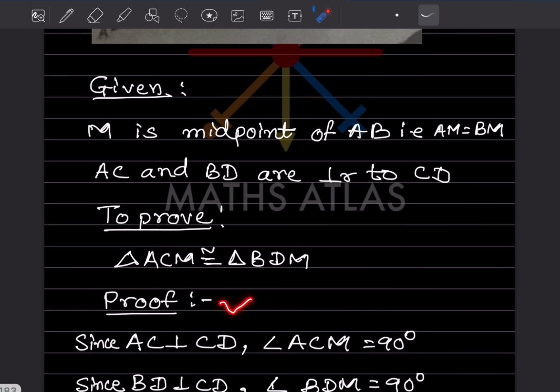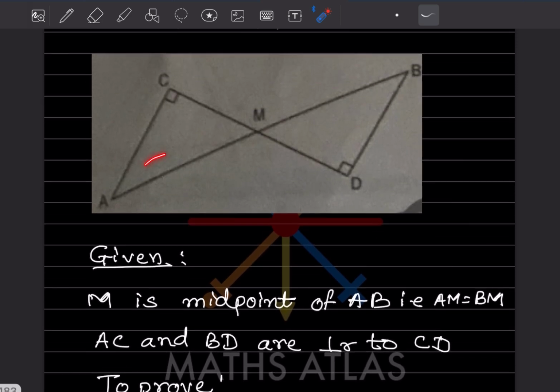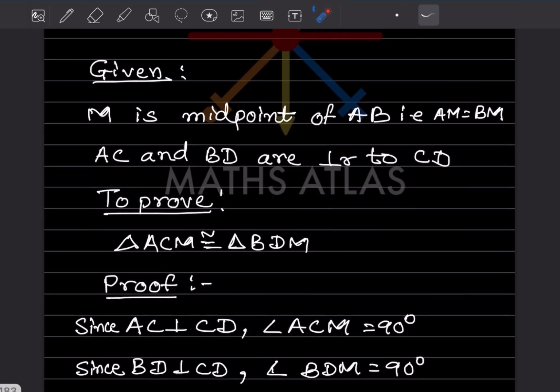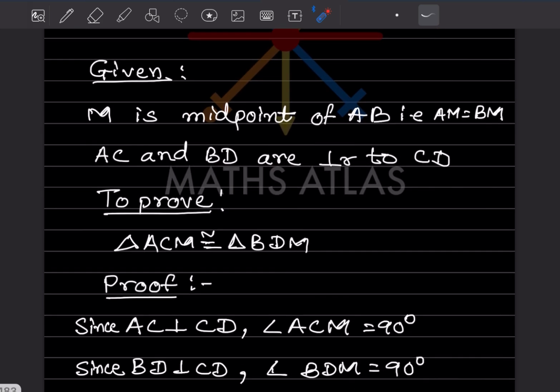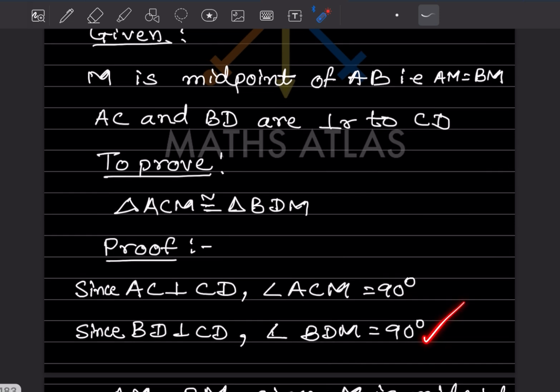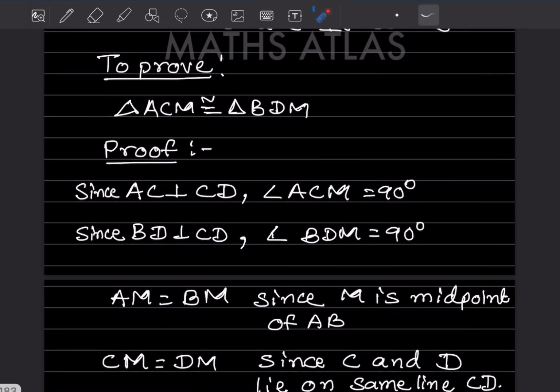So we will start with the proof. AC is perpendicular to this CD. So angle ACM will be 90 degrees, and BD is perpendicular to CD, that is angle BDM is equal to 90 degrees, and AM is equal to BM.